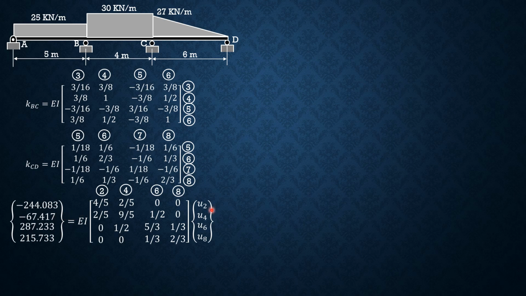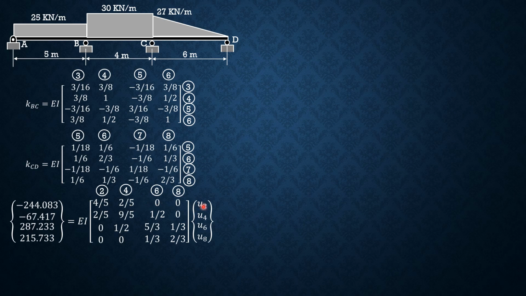Then we have 2, 4, 6, 8 on both axes. For 2, 2, we have 4EI over L from member AB earlier, so 4/5. Then 2, 4 is 2/5, half of 4/5. Remember, from the stiffness of member AB.